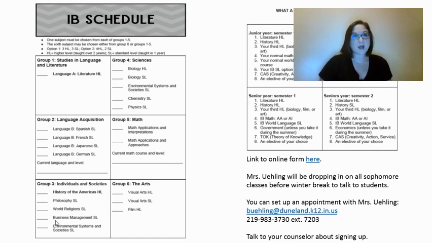Group 6 is an optional group. If we do not choose a subject from Group 6, then we have to choose an additional subject from 1 through 5. So overall, we need to have 3 HL classes and 3 SL classes.